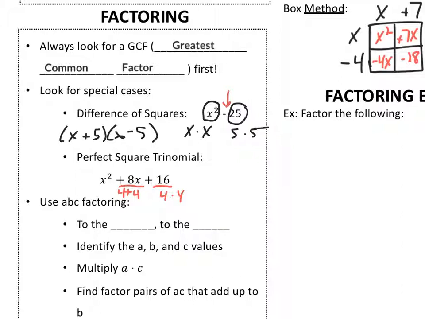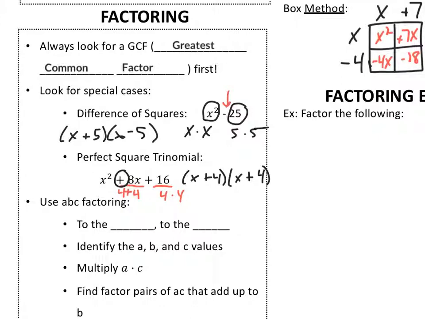The reason why that's helpful is because your factoring will always be the square root of x squared, which is x, and the square root of 16, which is 4. And then because this is a plus sign, you're going to add both of those. If you were to multiply that out, that would become x squared plus 8x plus 16, and that will work every time. So look for those two special cases because that'll make your factoring easier.